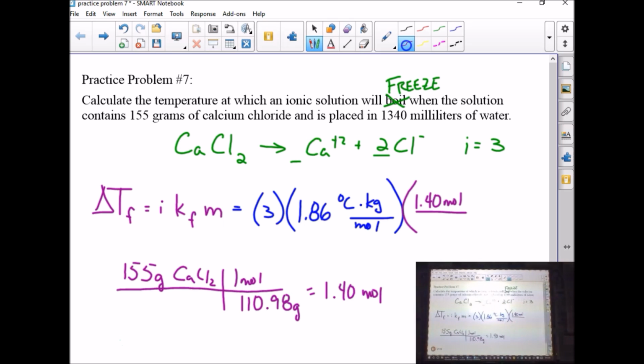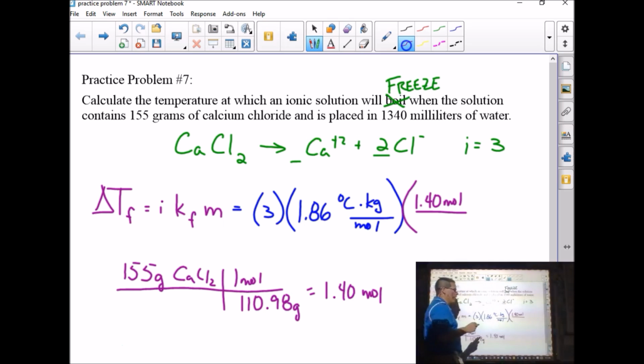And Celeste, how are we going to find out how many kilograms of water we have? Well, you take your milliliters. Yeah, your milliliters. And how many kilograms is that?